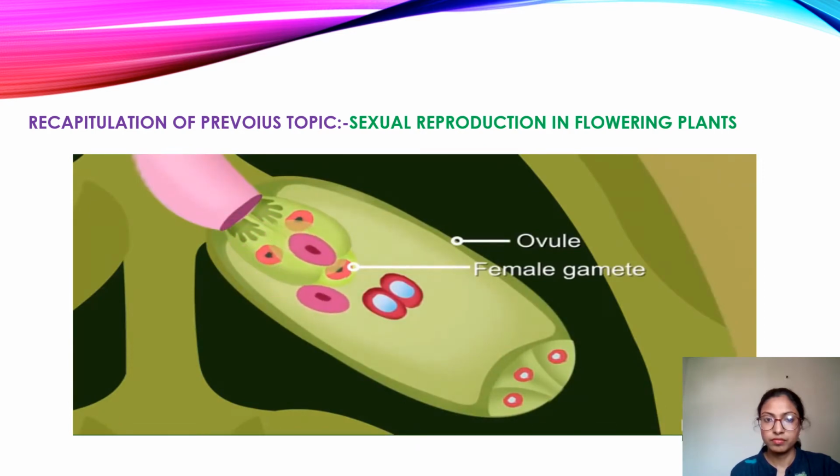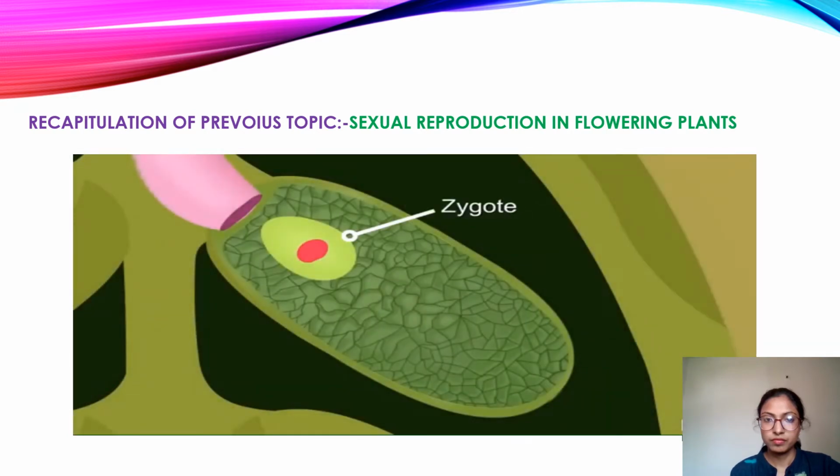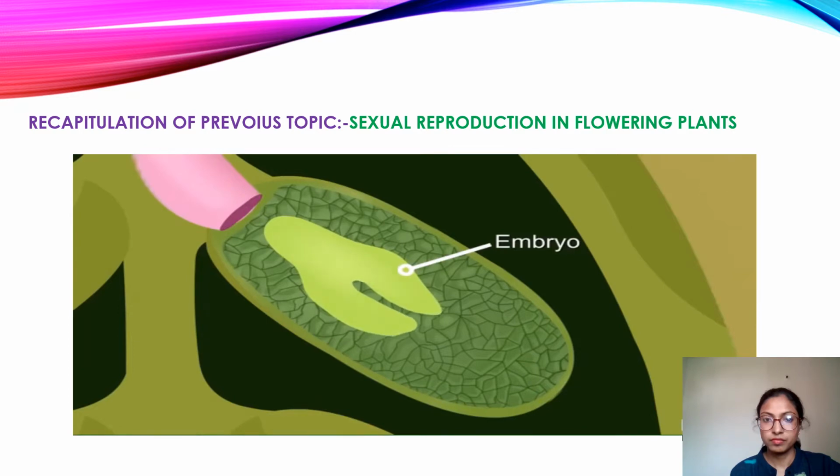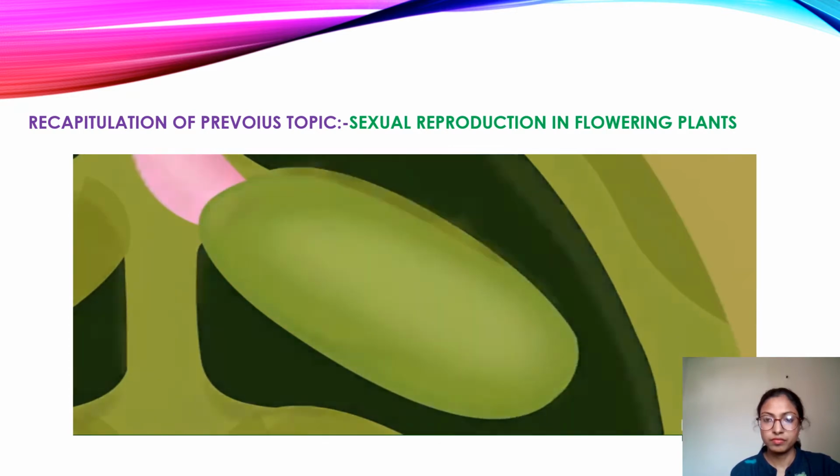After that, the male and the female gamete fuse together to form the zygote. This process of fusion of male and female gametes is called fertilization. The zygote formed after the fertilization then divides several times to form an embryo inside the ovule. The ovule develops a tough coat and changes to a seed.